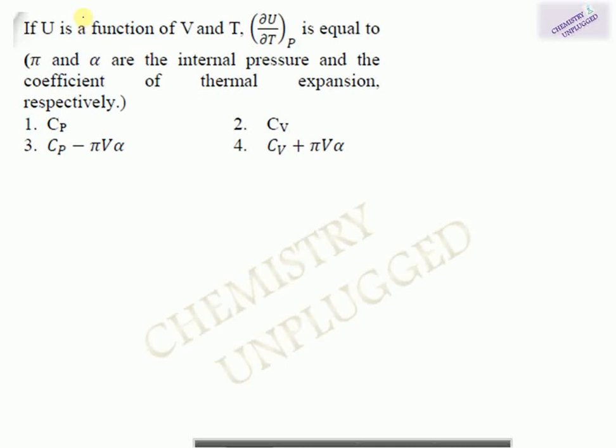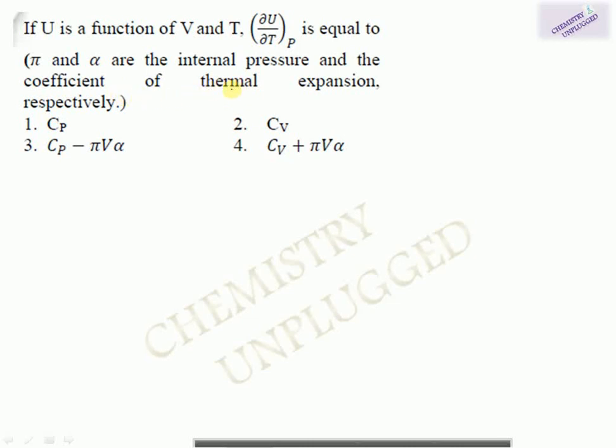Next we will move to our next question. U is a function of volume and temperature. du over dT at constant pressure is equal to, we have to find out this equation. And we have pi and alpha. Pi is internal pressure and alpha is coefficient of thermal expansion respectively.